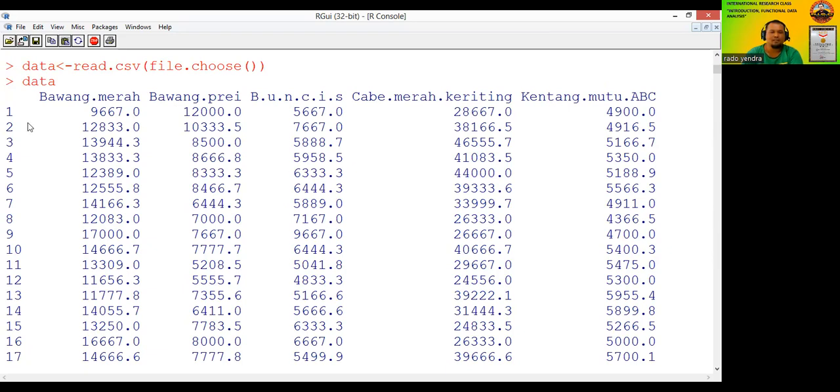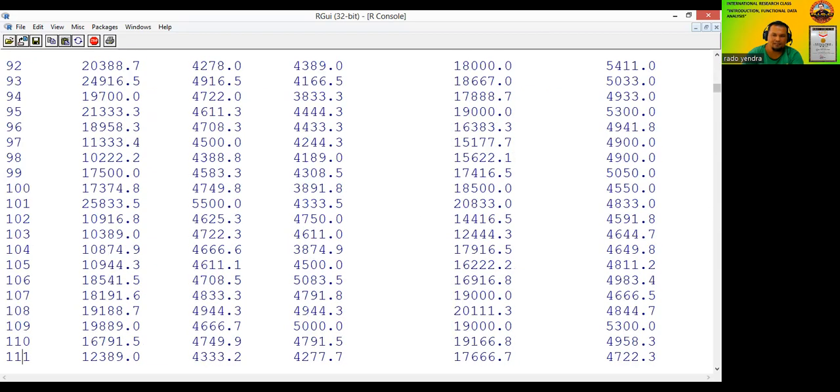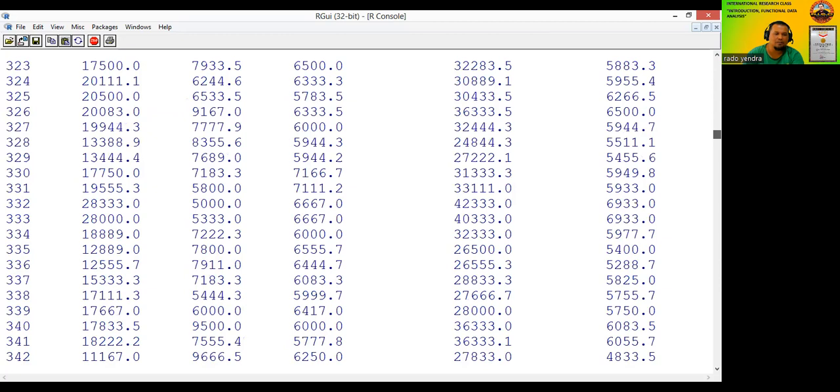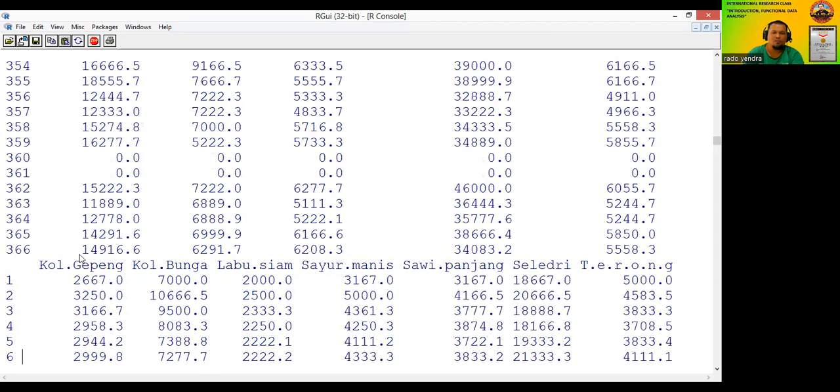And then we have the data, the daily average price, starting from the first until the 366th for each variable, because for a leap year we have around 366 days.